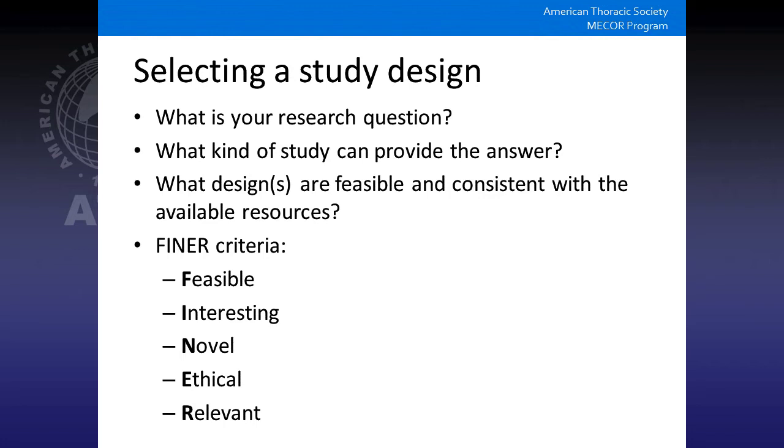So it must be feasible, interesting, novel, ethical, and relevant. So before we begin thinking then about which particular tool or study design we wish to use to answer the question, we have to first articulate and develop that question, and that's a process that takes some time.